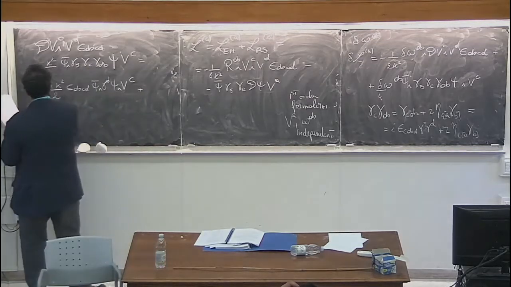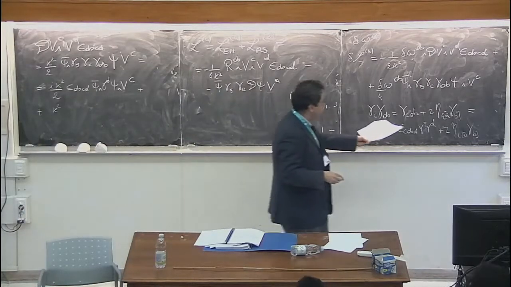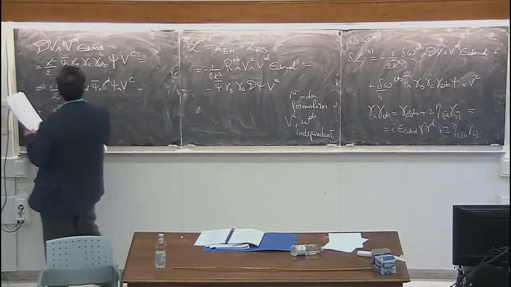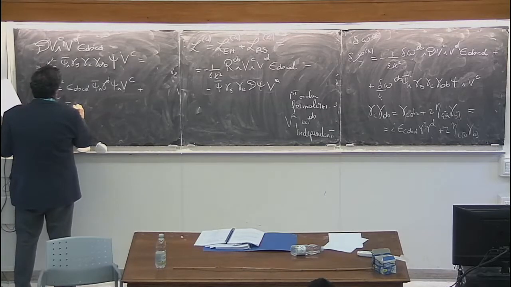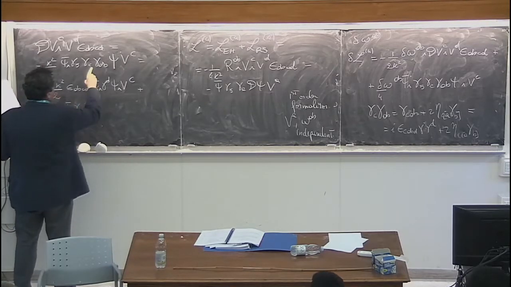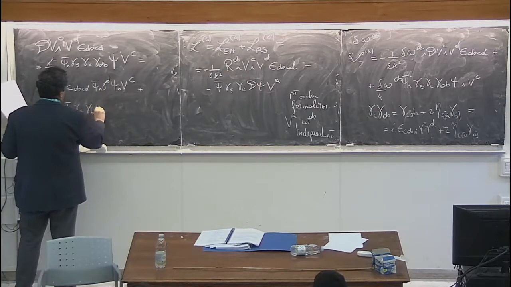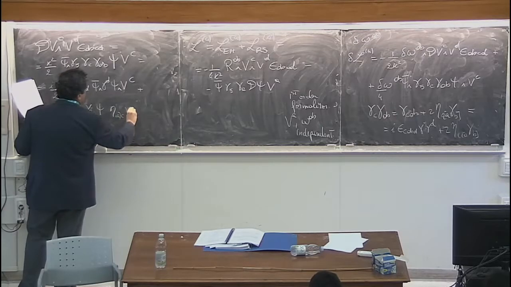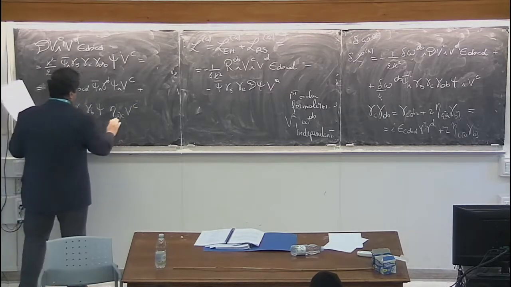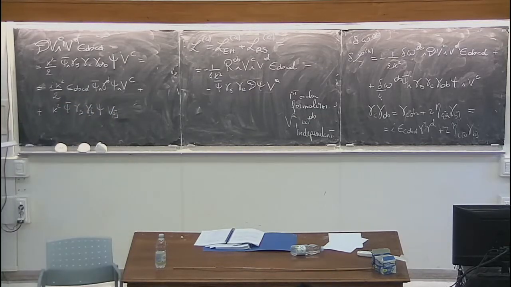Let's write it down: plus kappa squared, because I have 2 here. And then I have psi bar gamma_5, then eta_AC gamma_B psi, eta_AC anti-symmetrized, V^C, which is nothing but V_A, if you want.